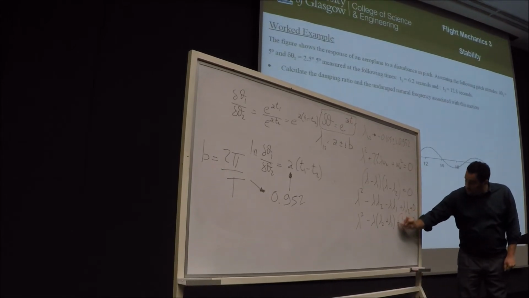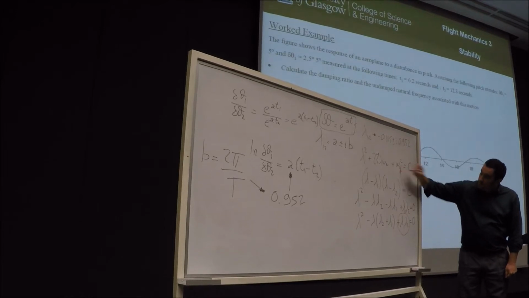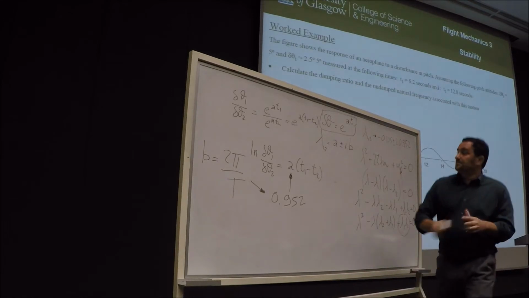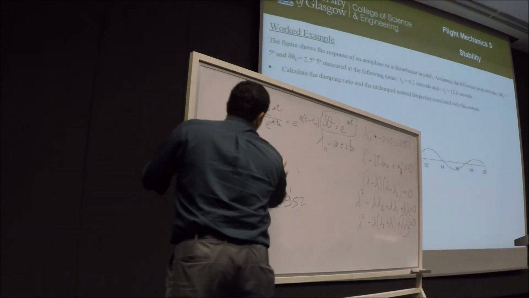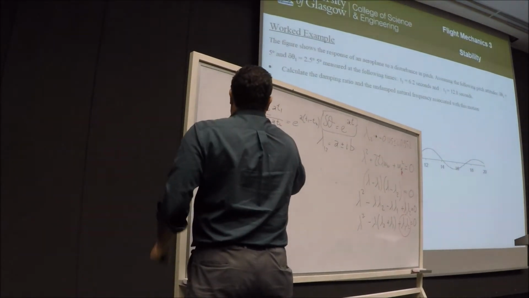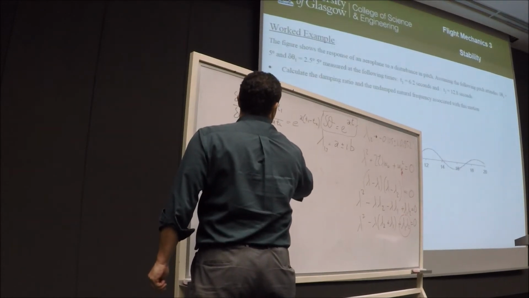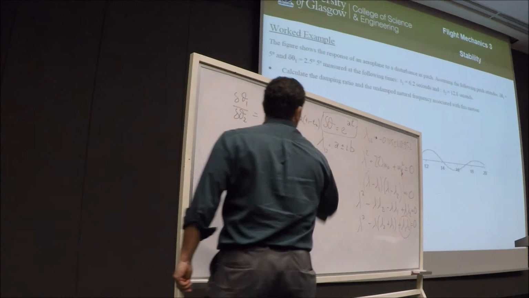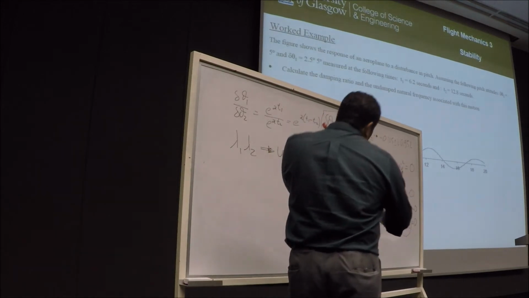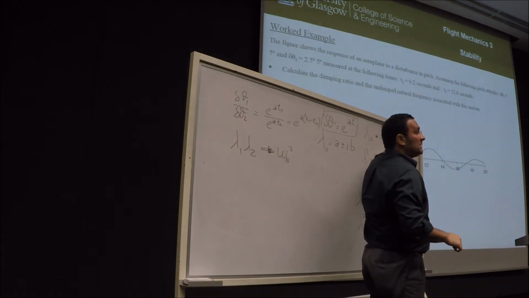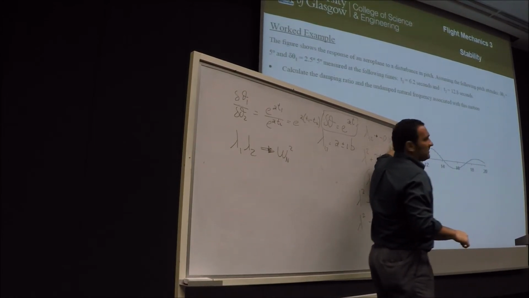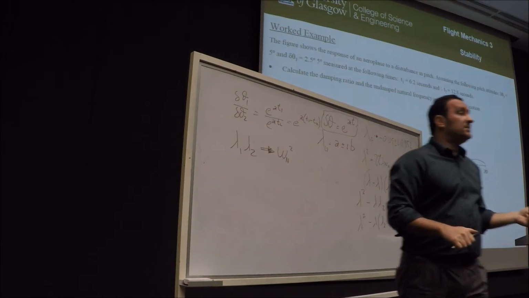we see that lambda 1 times lambda 2 gives us the natural frequency squared. So we multiply it, and we have 0.105 squared.